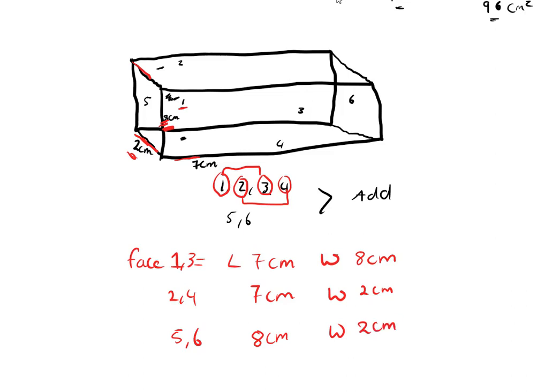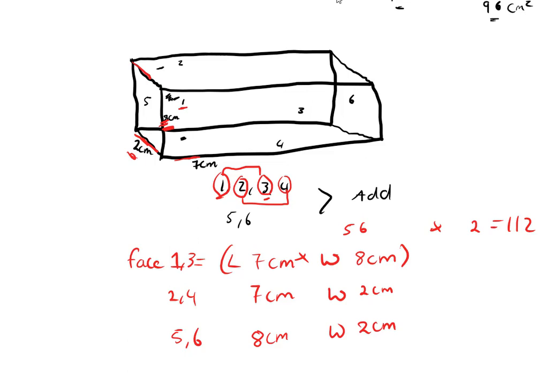Okay, so let's think about this then. So face 1 and face 3, its area is going to be 7 times 8 will give us one of the faces, and then we need to multiply that by 2. 7 times 8 is going to give us 56, and 56 times 2, because there are 2 faces, face 1 and face 3, gives us 112.